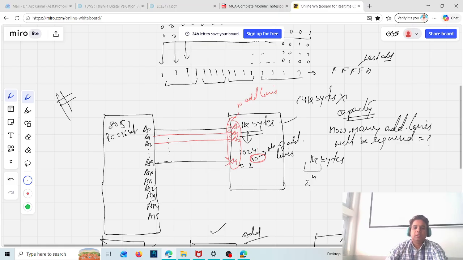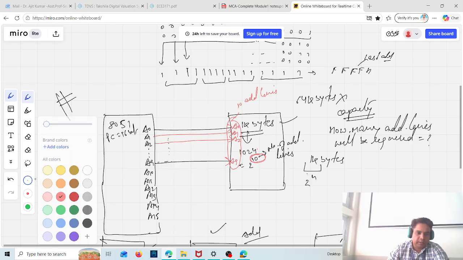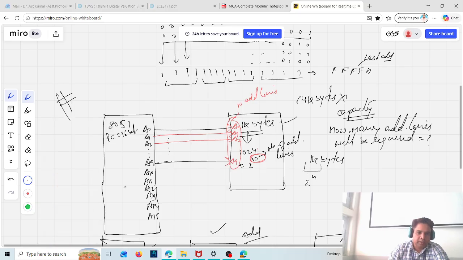The question is then, where will the rest of the address lines be connected? A10 to A15 are unused address lines. What to do for these? These unused address lines are connected with an address decoder circuit, and the output of the address decoder circuit is connected to the CS pin. CS is chip select.